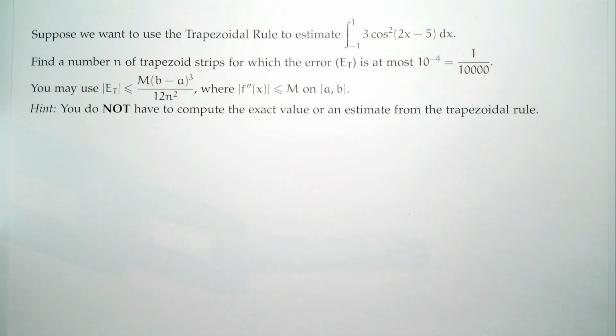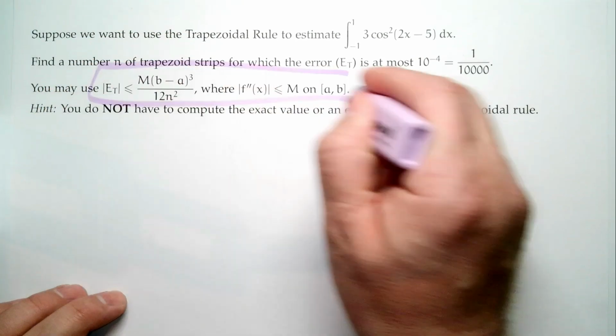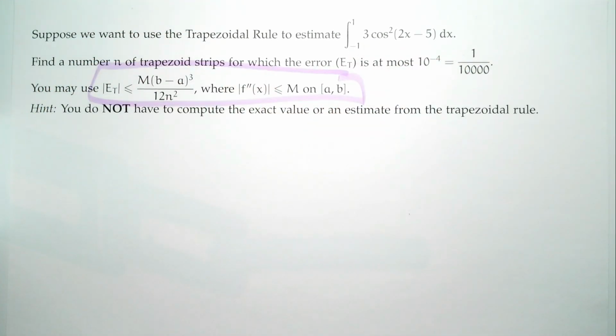Now notice something. This part right here, this is on the test. It's not like we expect you to memorize the error formula. We just expect you to know how to use it. So it's like, wow, they've given us this error formula. Life is good. All we need to do is figure out how to use it. So you have to understand the parts.